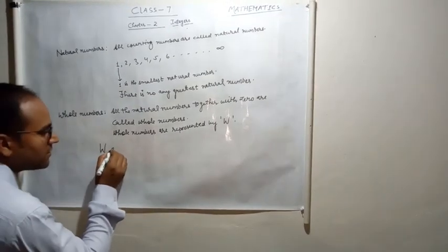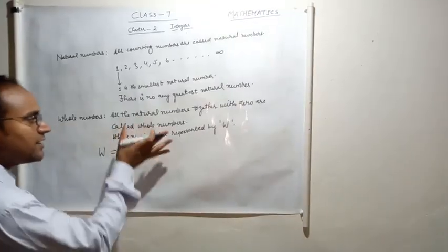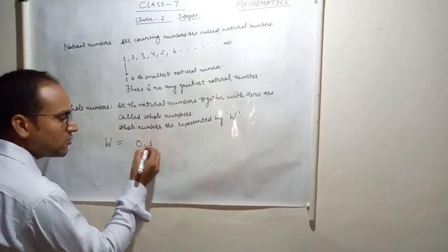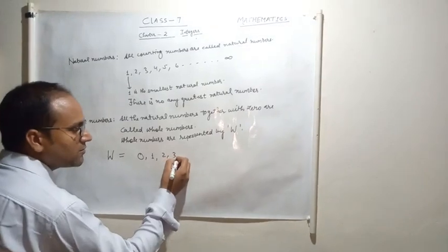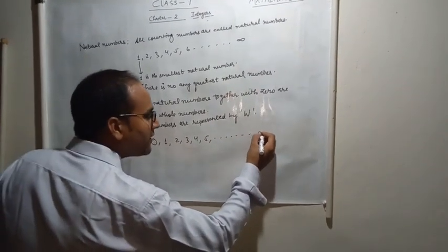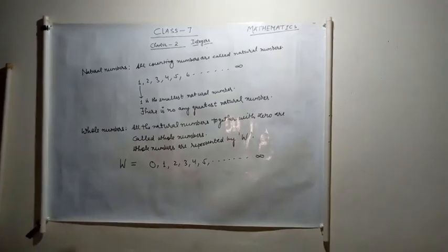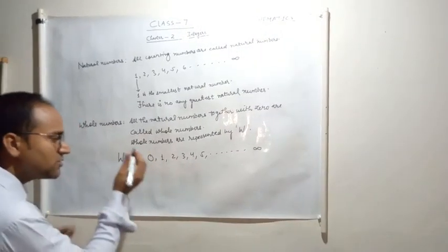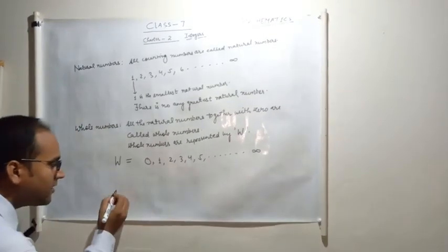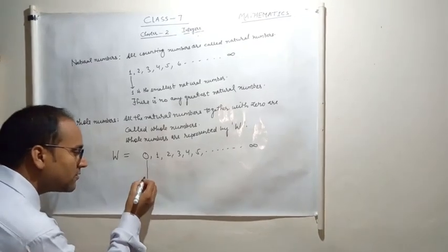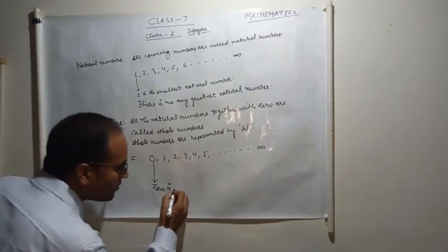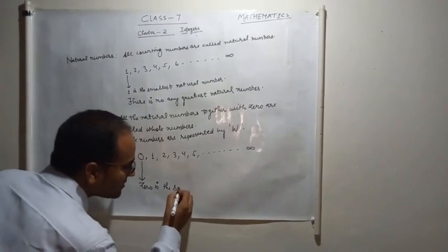W is equal to all the natural numbers, which start with 1, together with 0. So 0, 1, 2, 3, 4, 5 and so on up to infinity. So the first and smallest whole number is 0.